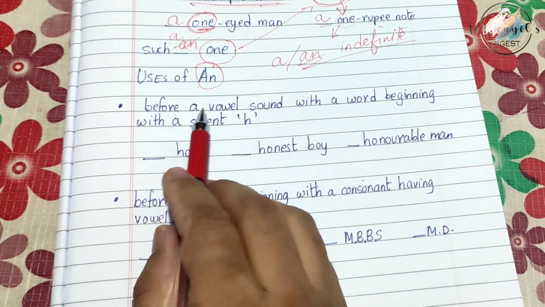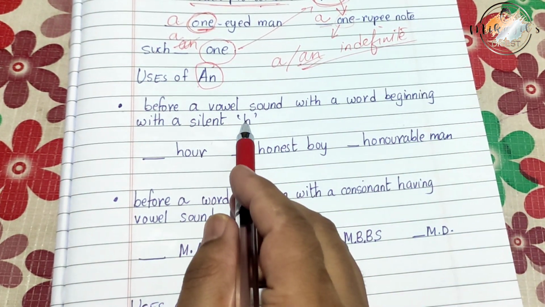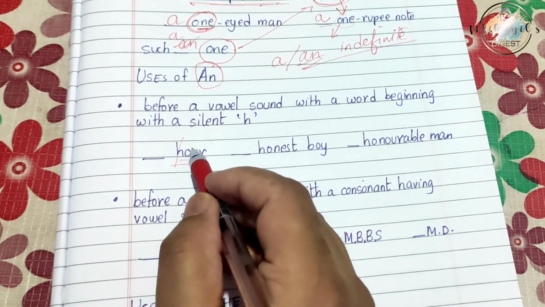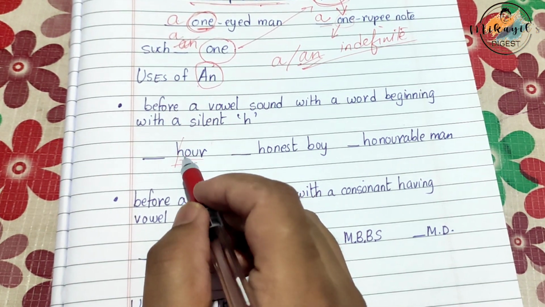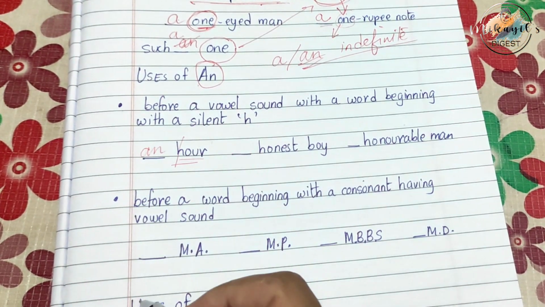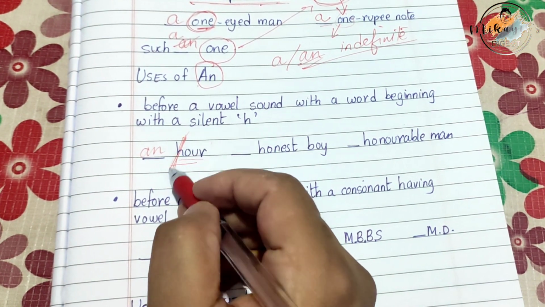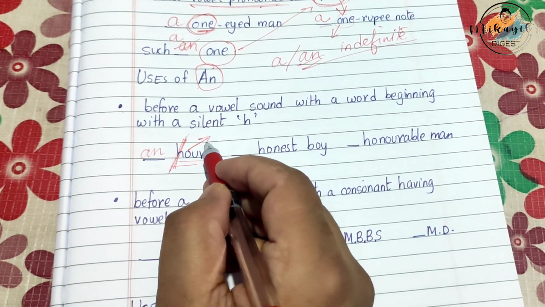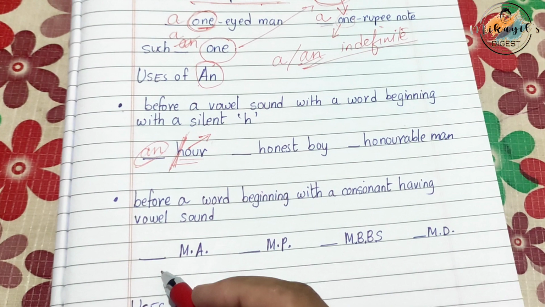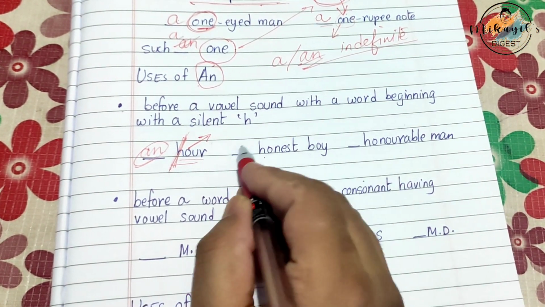An can be used before a vowel sound with a word beginning with a silent H. Here in this word you can see the H is silent. In this kind of word we can use an. Why? Because the H is silent, so it is not pronounced, and the pronunciation comes from the o. That's why we need to add an here. Similarly, we cannot say a honest.